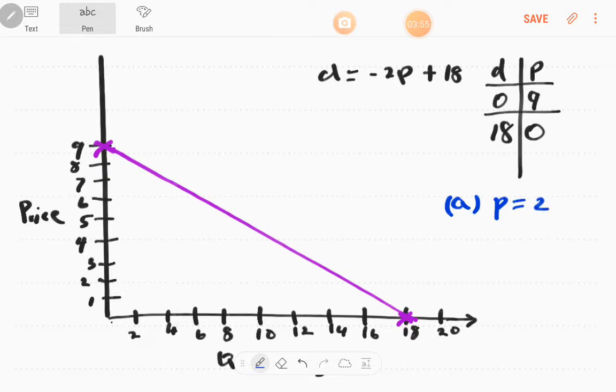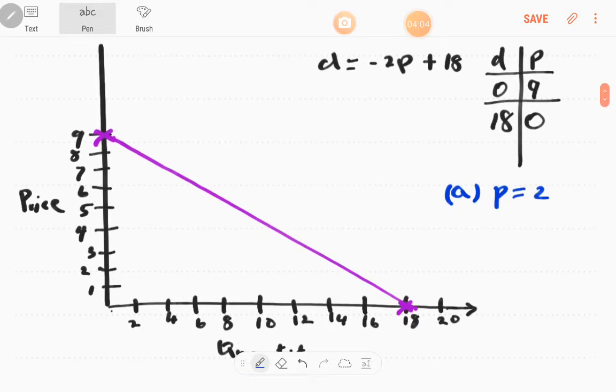So if we did a quick look at the graph, we could just come straight over from the price being 2. Okay, so a rough estimate is 14, but we could also work it out algebraically, right?